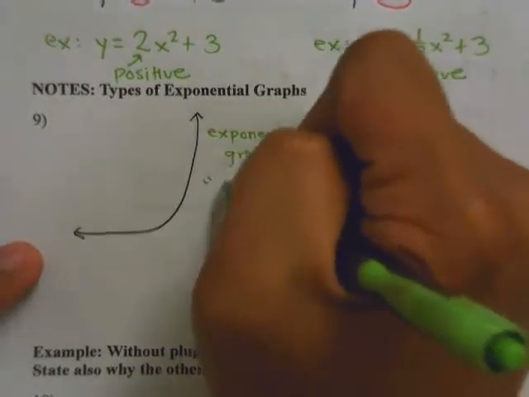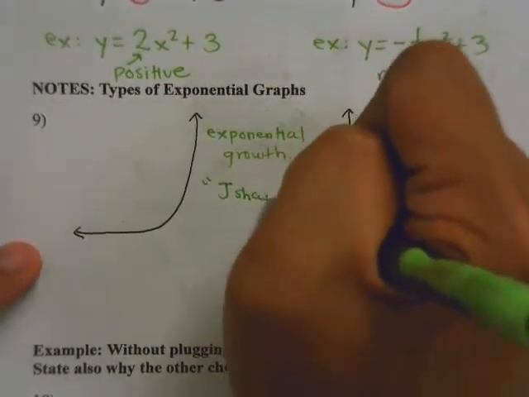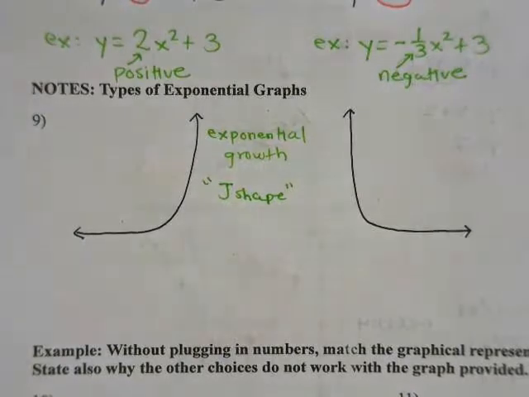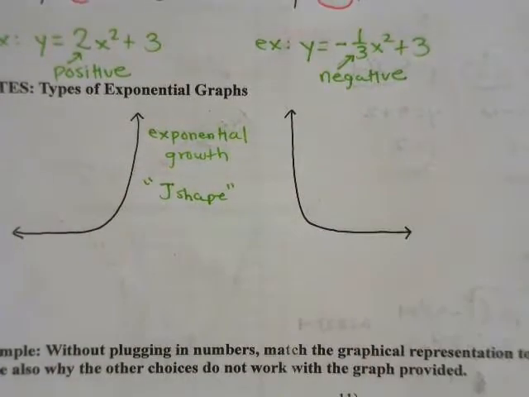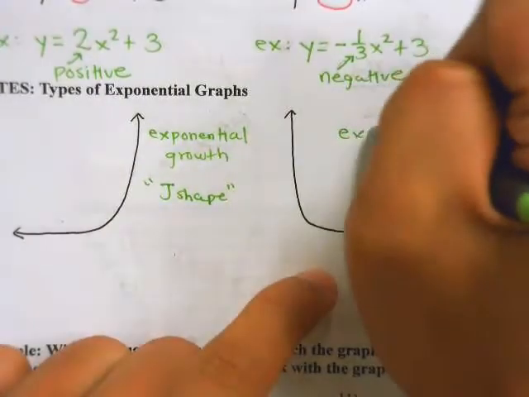It looks like a letter to me. My nickname for it is a J shape because it kind of does look like a J, just a little bit at least.